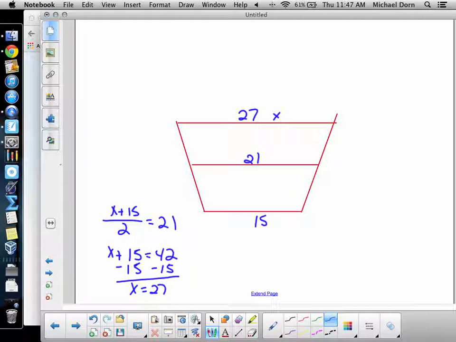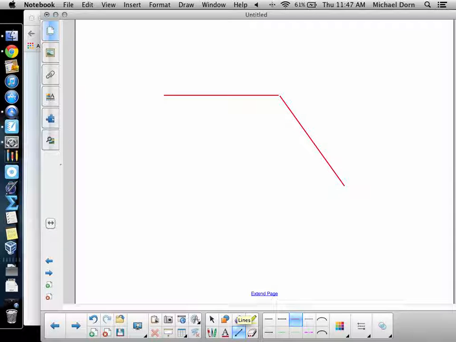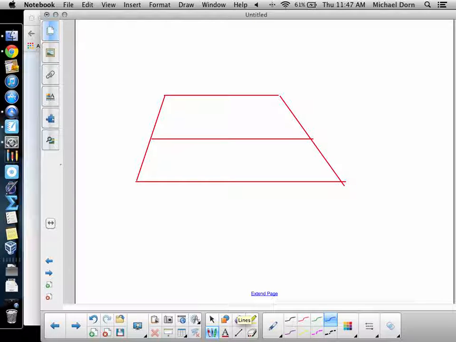Starting with 11 through 14, now we had some variable expressions involved as well with these. And again, I'm just going to draw a general trapezoid with a mid-segment, so we can just throw things in there. But like I said, say number 12, 7 plus 2x.